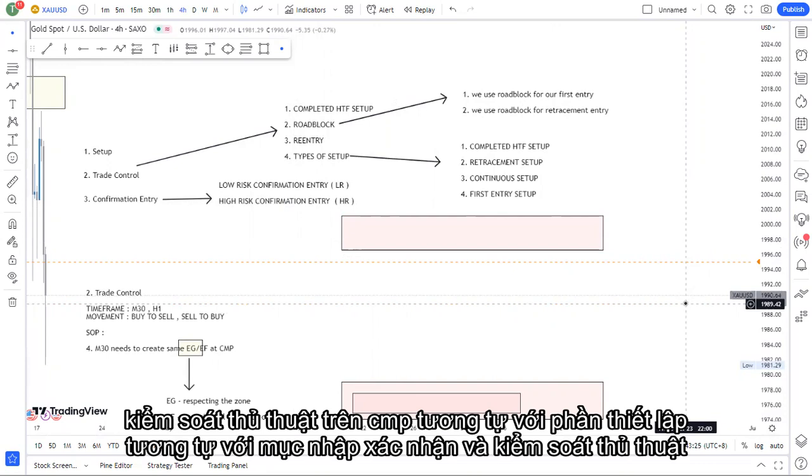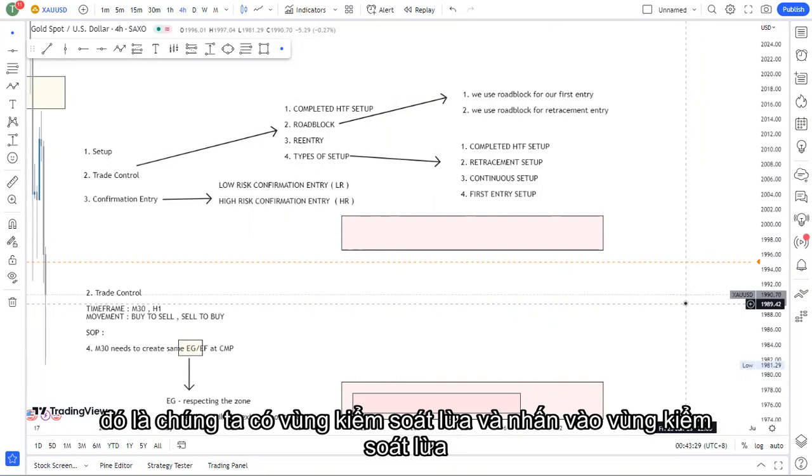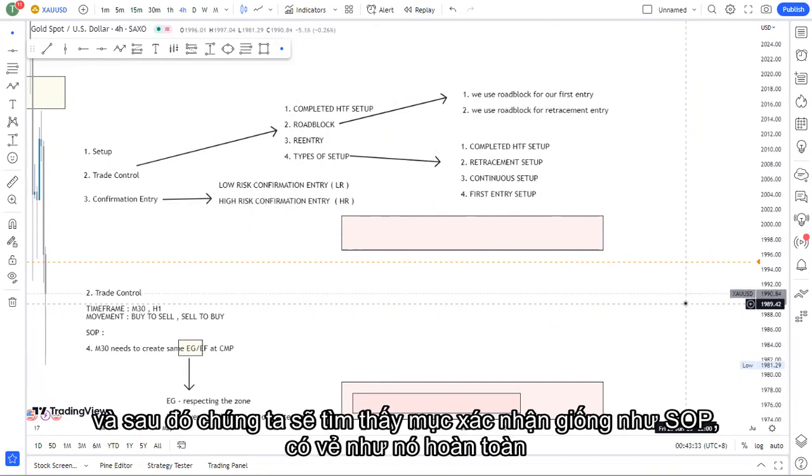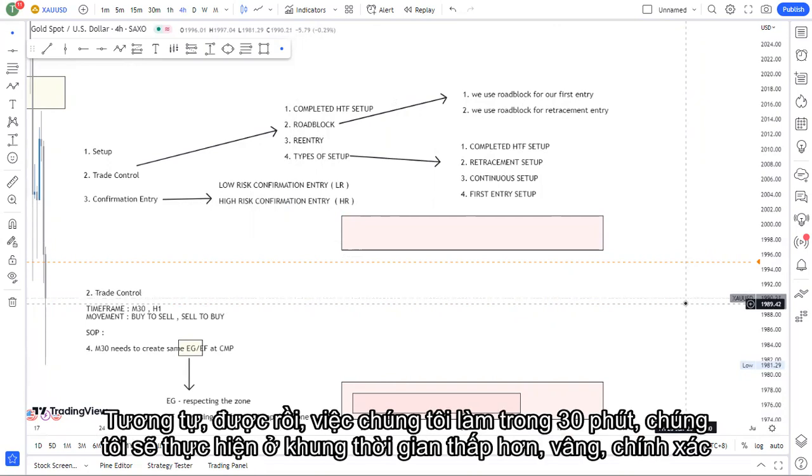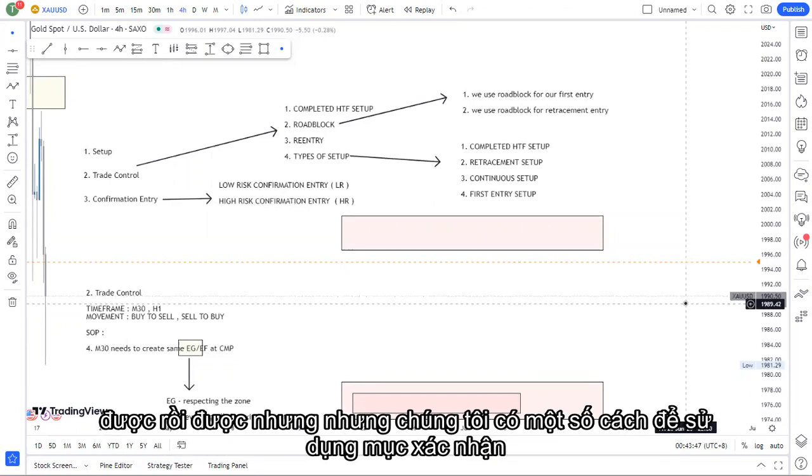Same goes for confirmation entry and trade control: we have the trade control zone, the price gets into it, and then we find the confirmation entry. Same SOP, totally the same. So the thing we do on 30 minutes, we will do on a lower time frame. Yes, exactly.